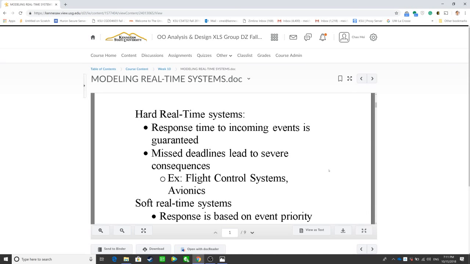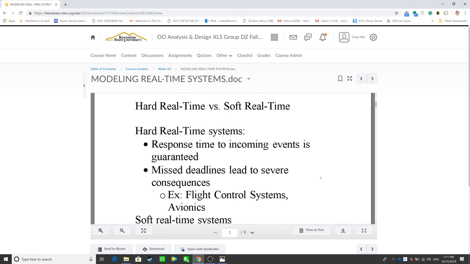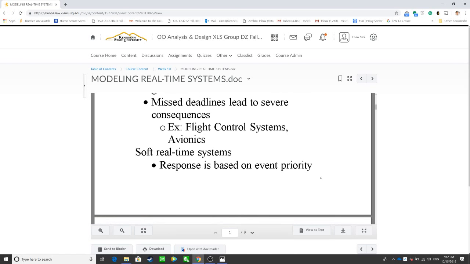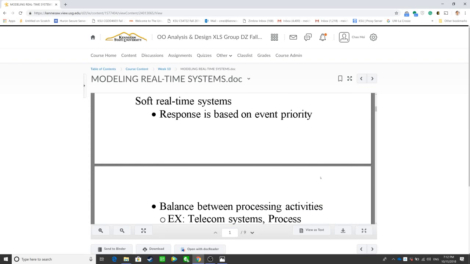The CPU is running the flight control system, and at the same time some other task comes. You still have to maintain the flight control, otherwise it will have severe consequences. And then the soft real-time system.